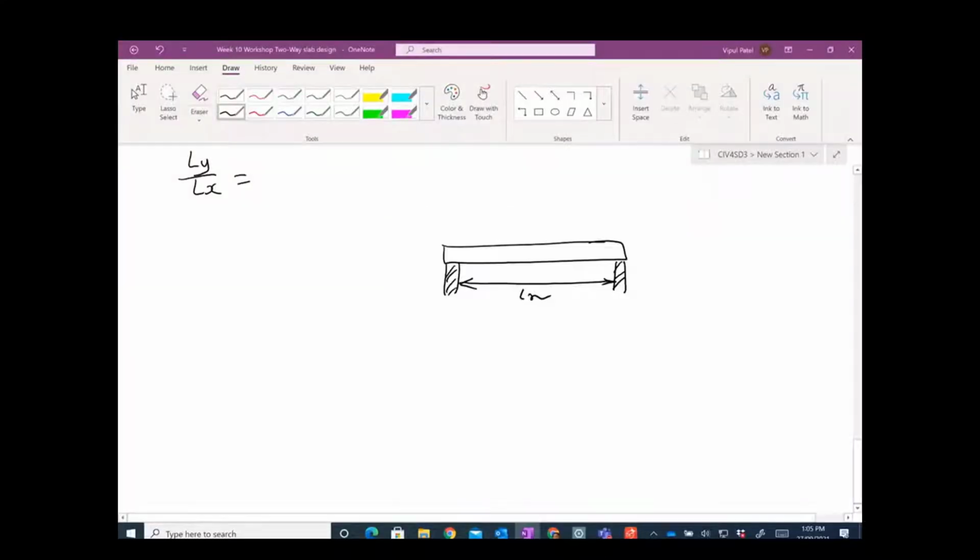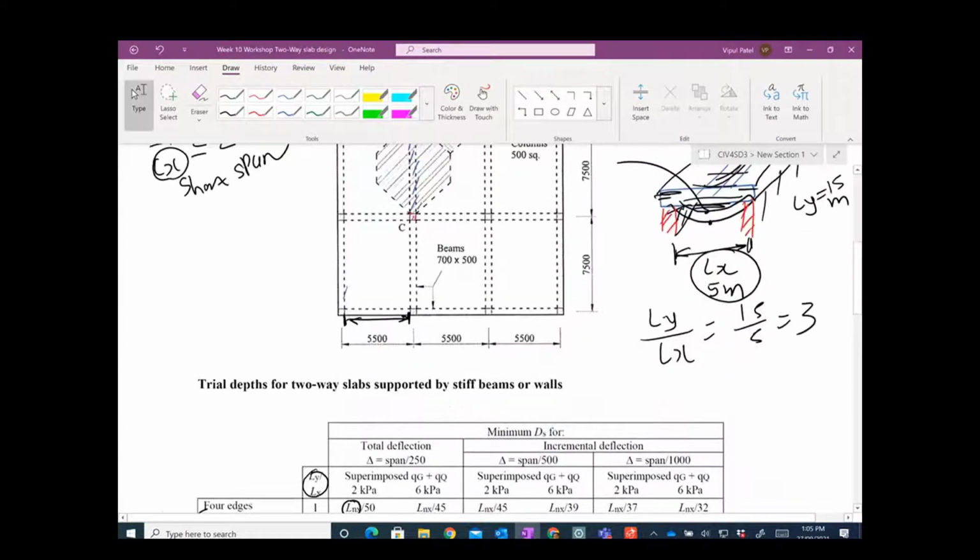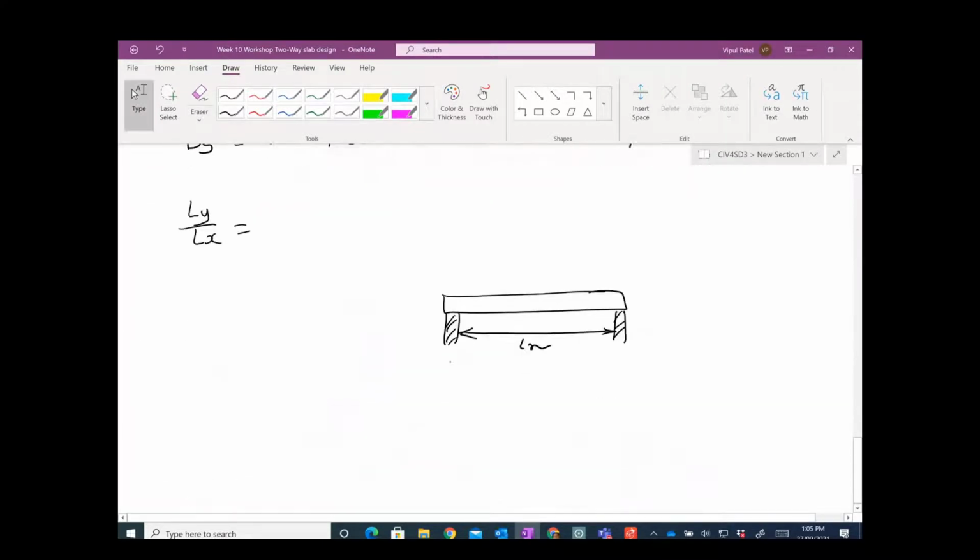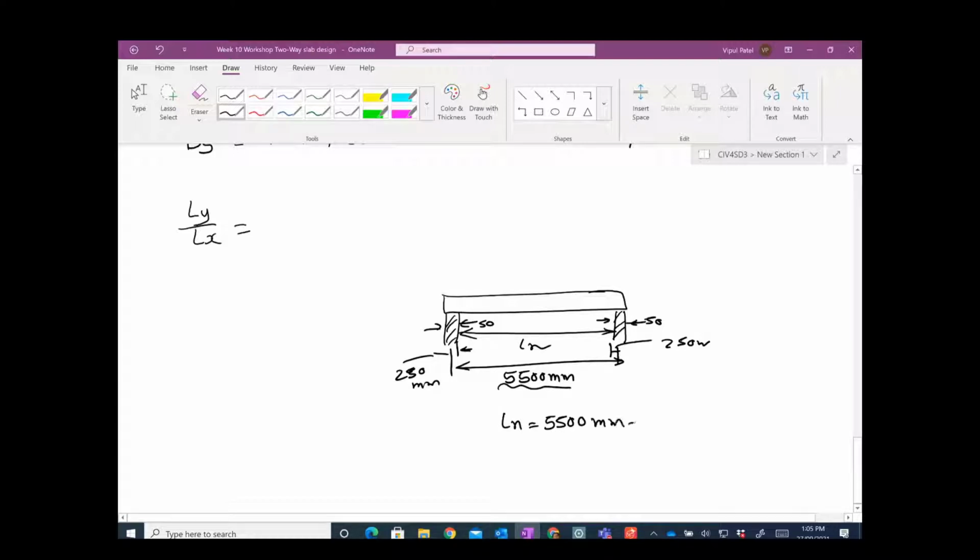Clear span means you have the center to center distance of 5500 millimeters and the beam width is 500, so you have 250 on each side. So ln equals 5500 millimeters, take away 250 from here and take away 250 from here.